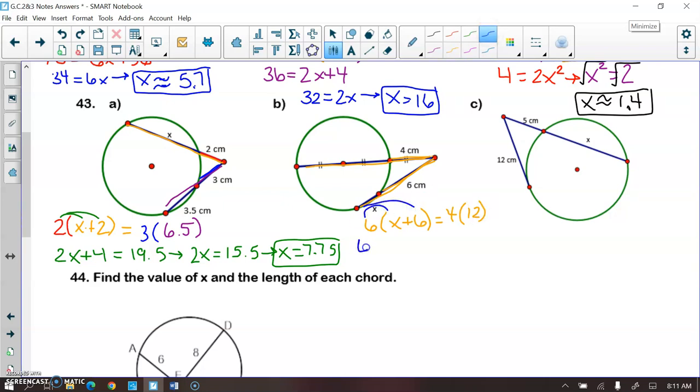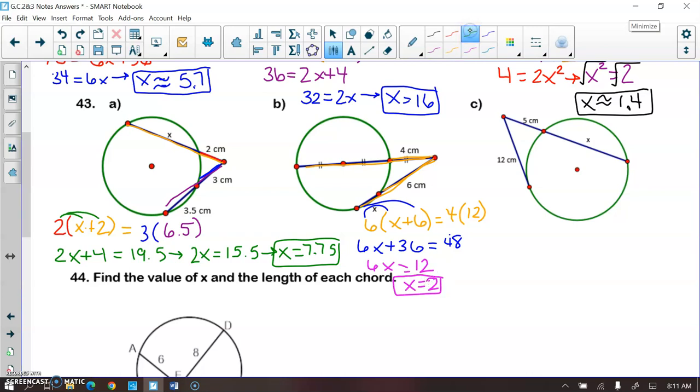Distributing. Subtracting. And dividing. X comes out to be 2.